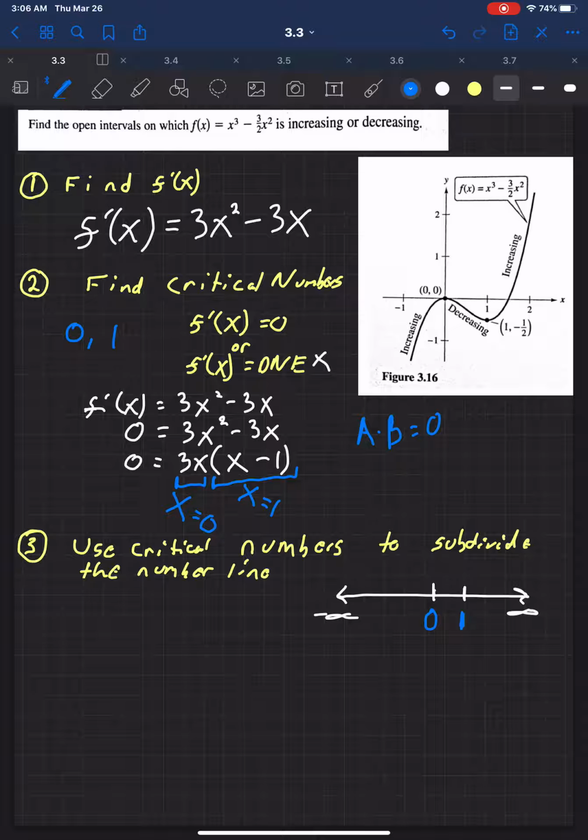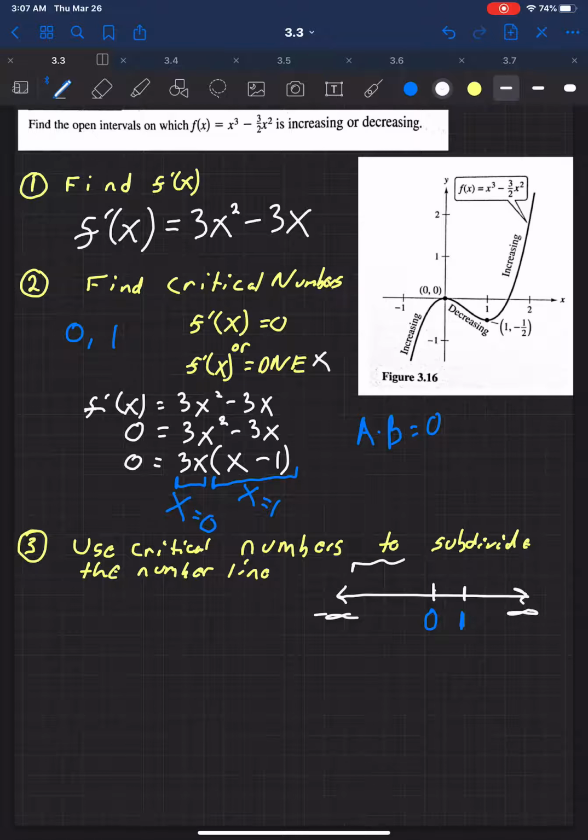Now, notice what this does for us. Let's imagine that you had a piece of string, a long piece of string, and I gave you a pair of scissors and you made 2 cuts on that string. You made a cut at 0, and then you made another cut at 1. How many pieces of string would you have? You would have 3 pieces.